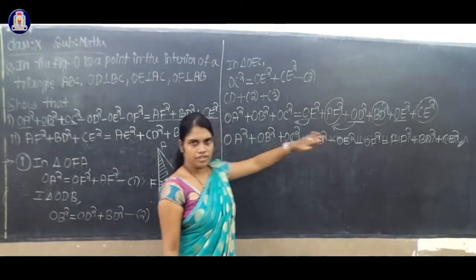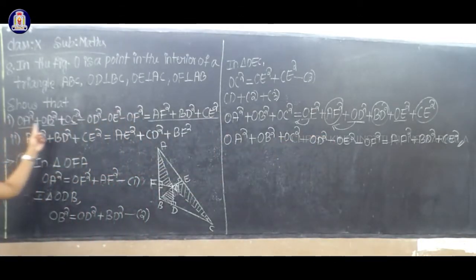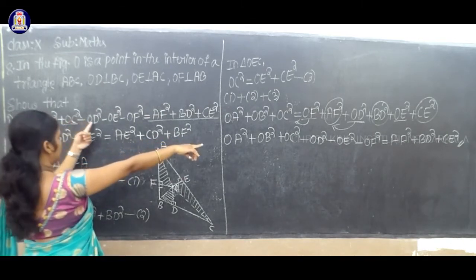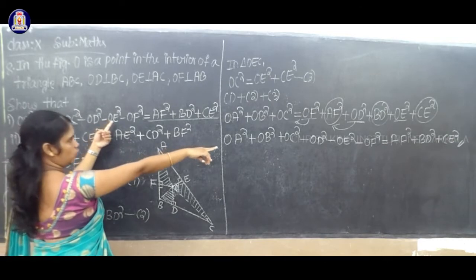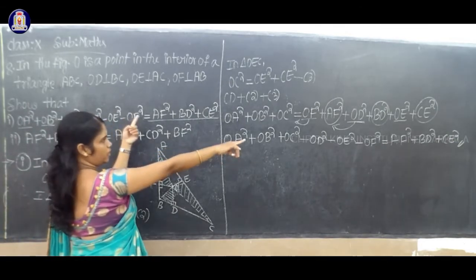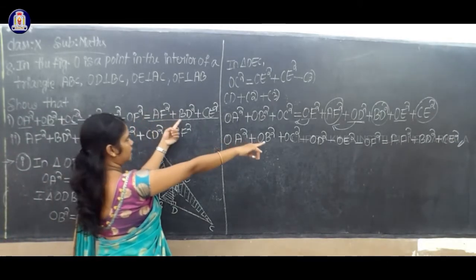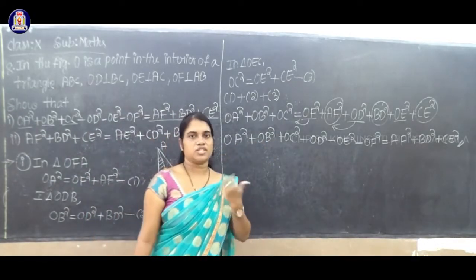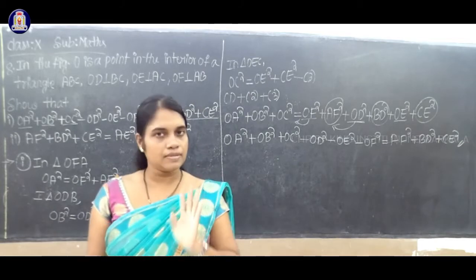Just compare it with the question. What is there in question number 1? OA square plus OB square plus OC square minus OD square minus OE square minus OF square equal to AF square plus BD square plus CE square, isn't it? So the first question is proved. This is very easy.